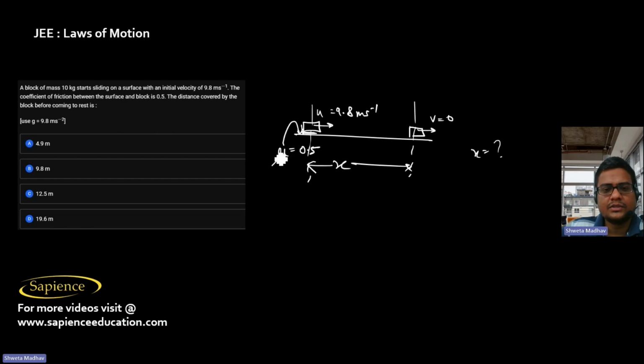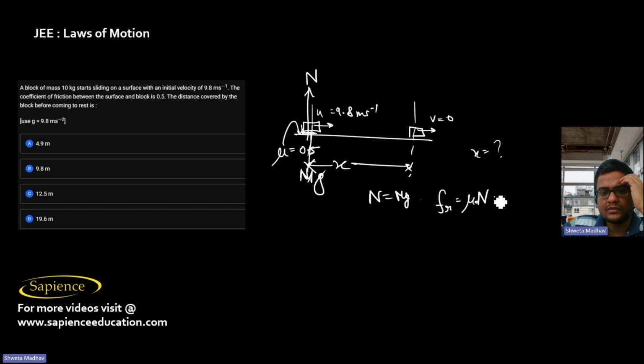So the coefficient of friction is this, and here normal reaction is acting upwards, which is n, and its weight is acting mg. So n will be equal to mg, and therefore the frictional force will be equal to mu times n, so that is mu into mg.